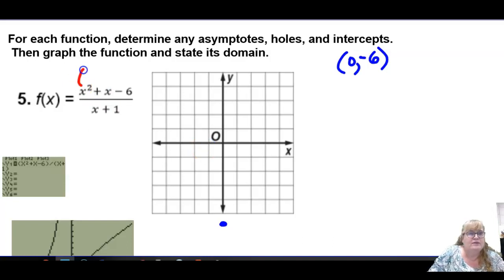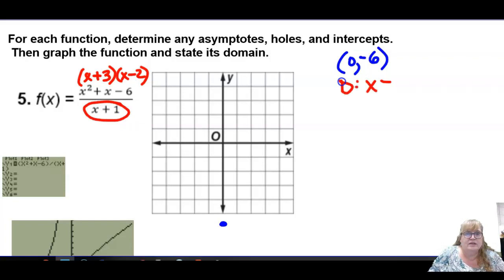Okay, then I factor the top, x plus 3, x minus 2. And I look at the domain restriction. X cannot equal -1. That is not a factor of the top, so there is a vertical asymptote instead of a hole at x equals -1. The last one had a vertical asymptote and a hole.